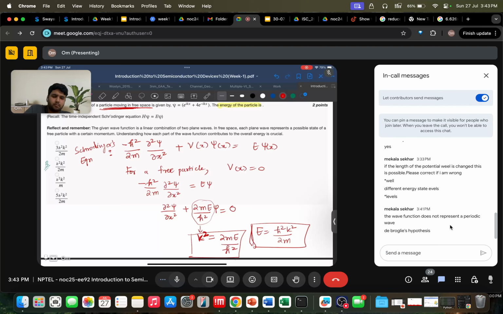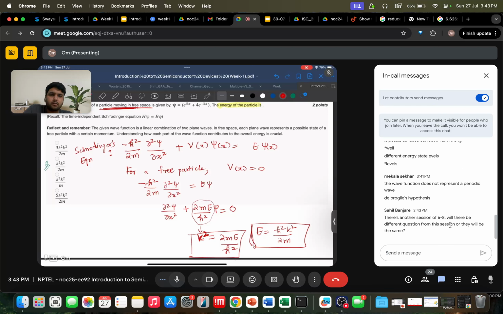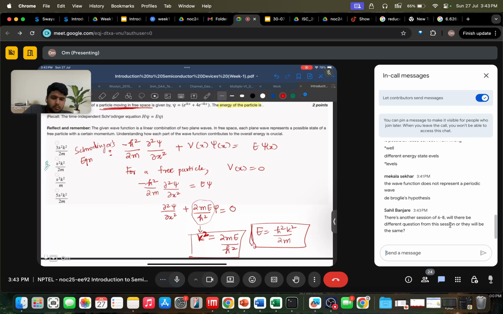Sir, k is constant. Oh, not periodic. k is a representation of your momentum itself, right? k is related to momentum, so it will not be constant. It will change with energy.